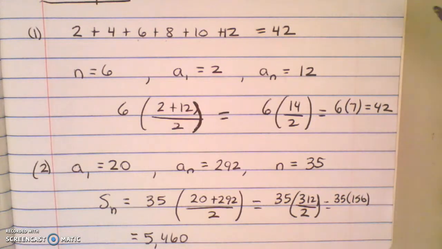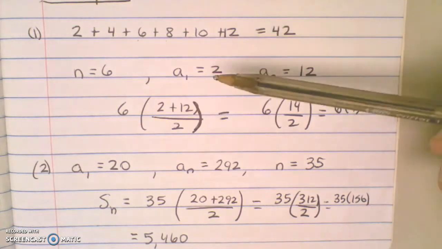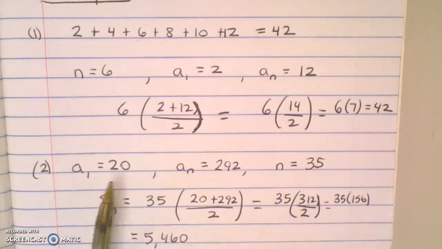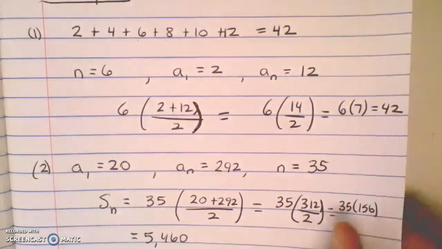So you'll either be given problems where you have to find the sum just given the list of the sequence. You'll have to find the sum of the series given the first term and the last term and how many terms are in the sequence. And the last type of problems you'll see are when you're given the first term, you're given the number of terms, but you don't know the last term.